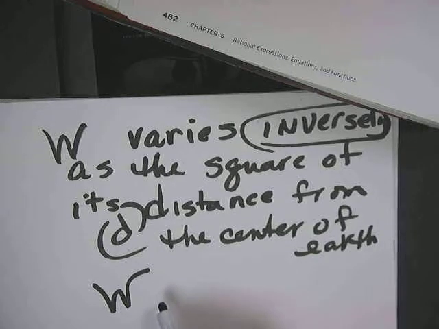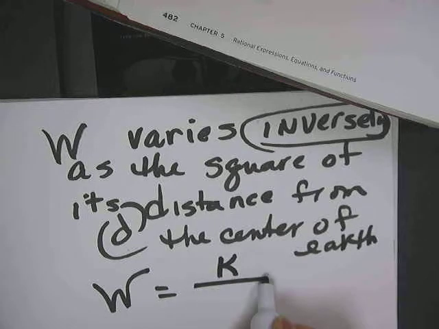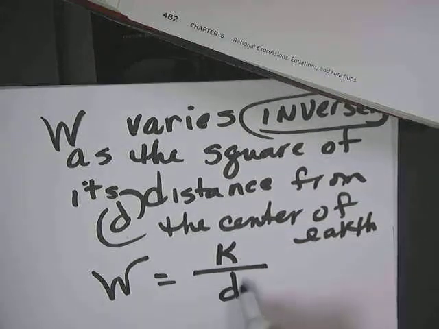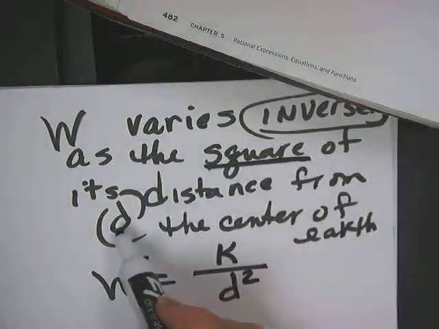Okay, varying inversely, instead of timesing k, you're going to do k divided by. Inversely will be a division instead of a multiply.